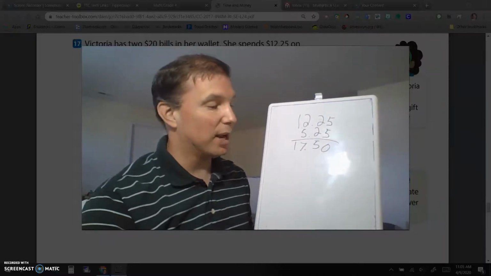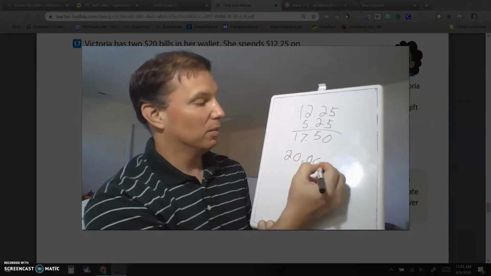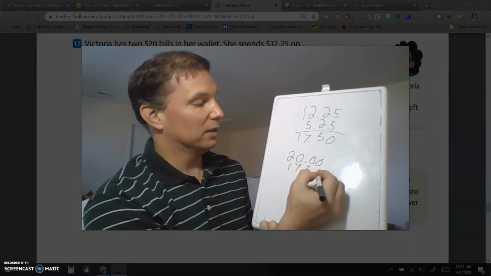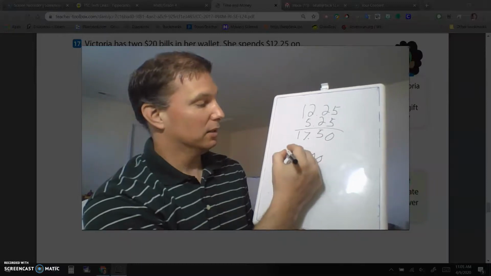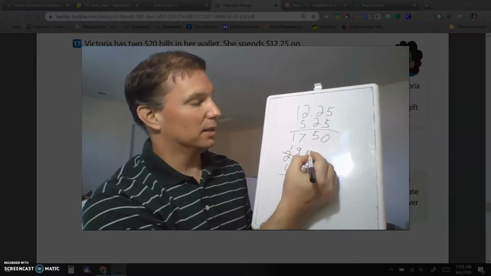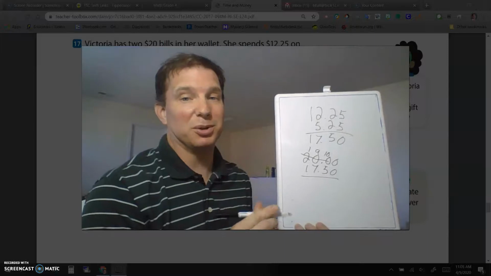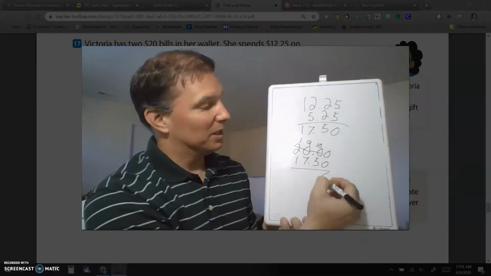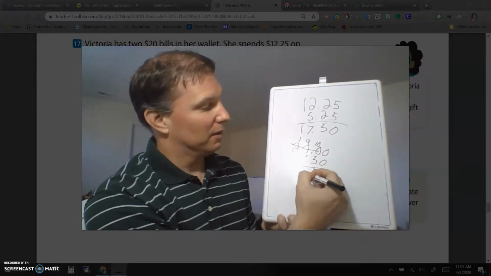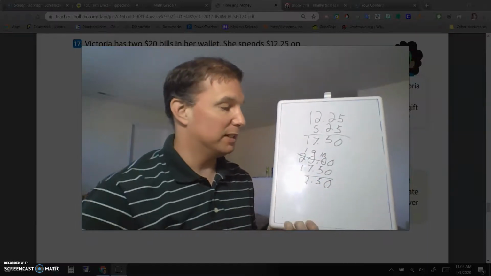Now we need to subtract that from $20. So you write $20, decimal, $17.50, subtract. That turns into 1, 9, 10. I know it's regrouping, but this is how I do it, and I usually show you 2 different ways. 0, 5, down the decimal point, to $2.50.